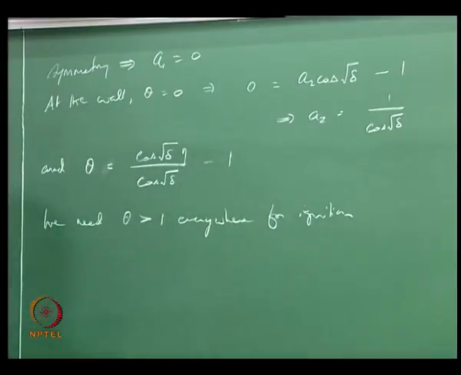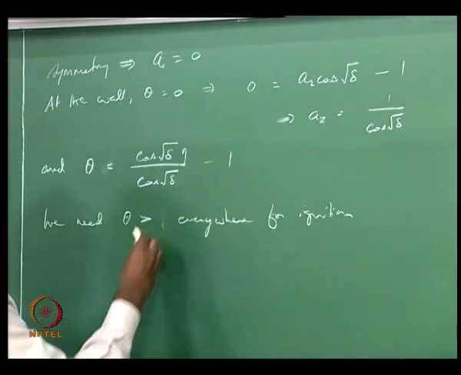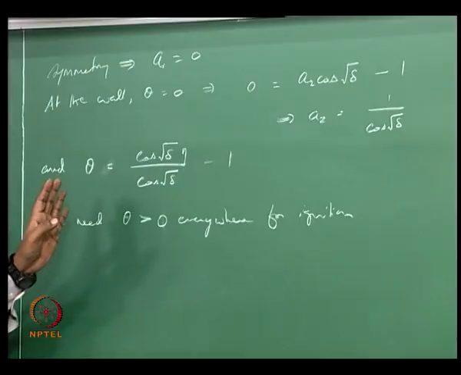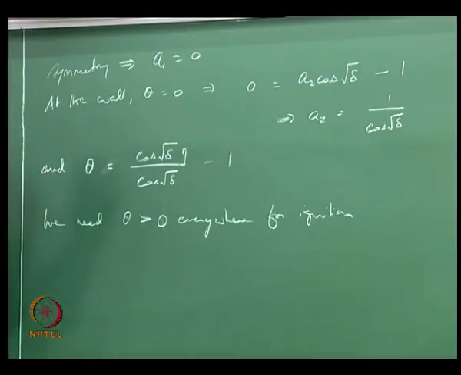More than that, we need theta to be bounded. It's one thing to actually have it greater than 0, right. So more than theta just being positive, we also want to make sure that theta doesn't blow up, right.